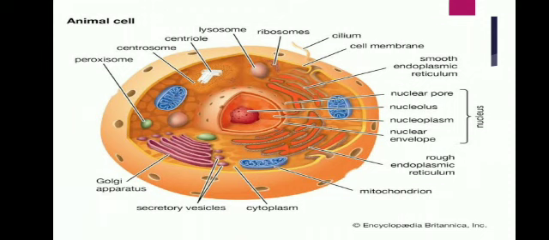Now you can see on your screen an example of an animal cell and the different parts and organelles inside the cell. These parts and organelles are responsible to perform a specific function inside the cell. So this branch deals with the study of the cell and the organelles and their functions inside the cell.